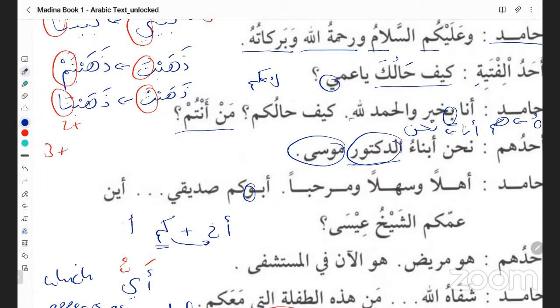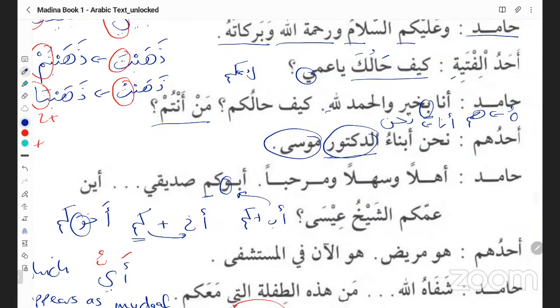So we said it'll be akhukum. Likewise is ab. So you have ab plus kum will be abukum. You add now that wow. So abukum sadiqi. Your father, remember kum, it is more, sadiqi is my friend.